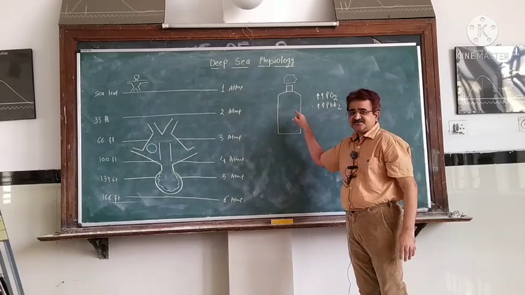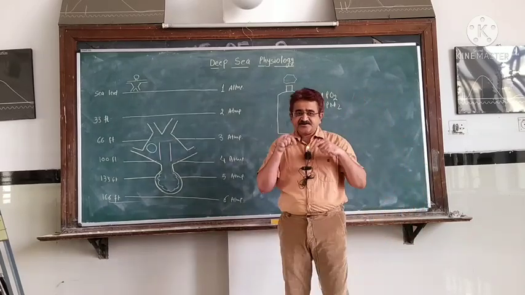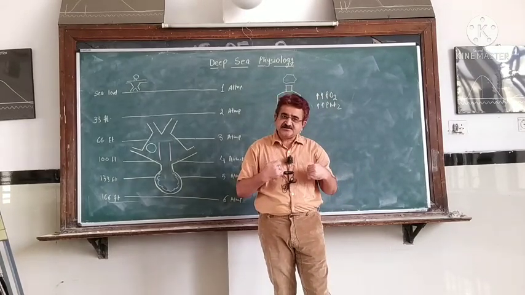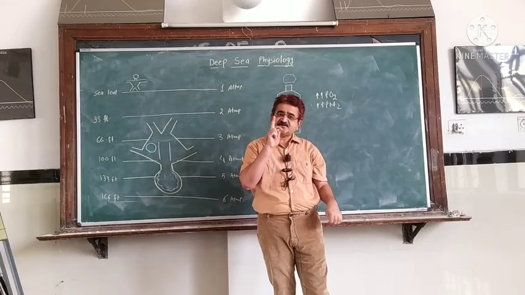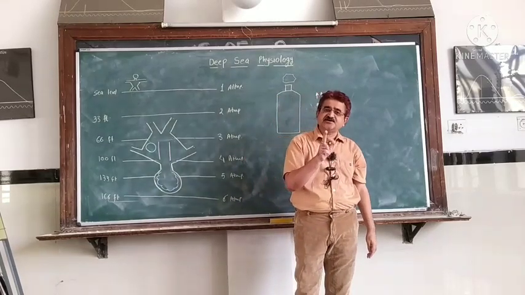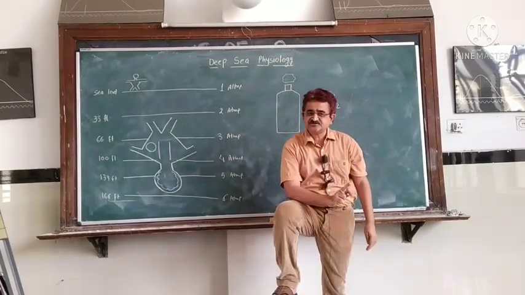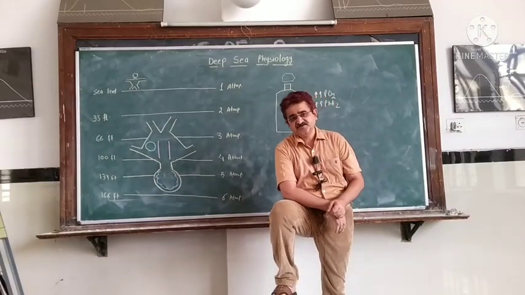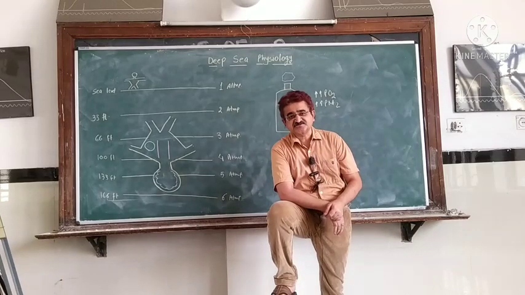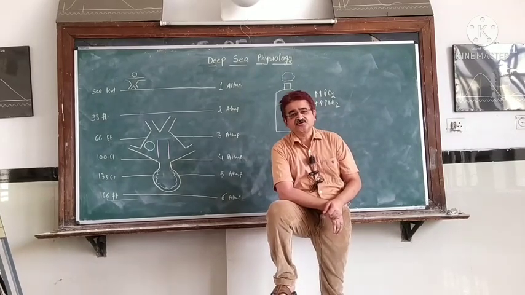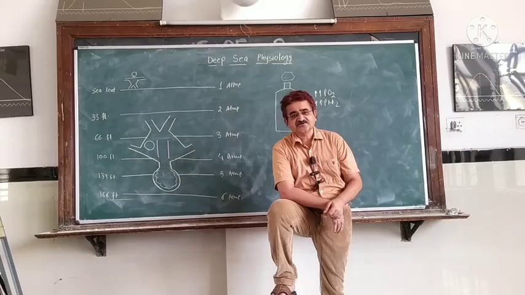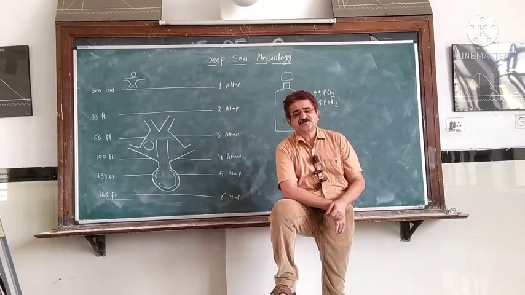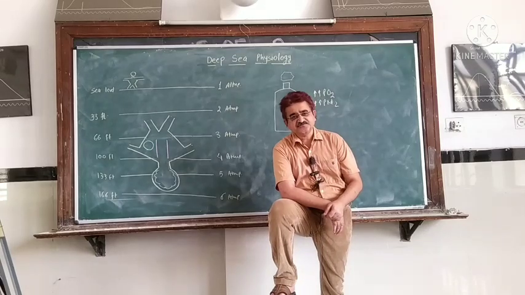So when the diver takes air from the breathing apparatus, he is taking air with more partial pressure of oxygen and more partial pressure of nitrogen. These are the two gases which produce a lot of problems in the diver's body. So what problems do these two gases produce?